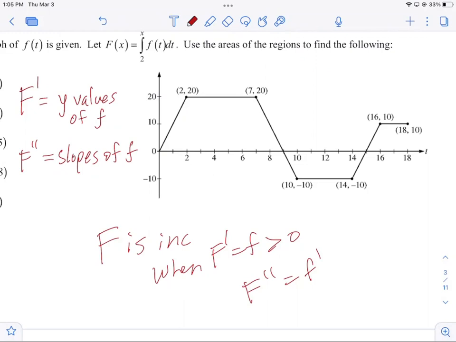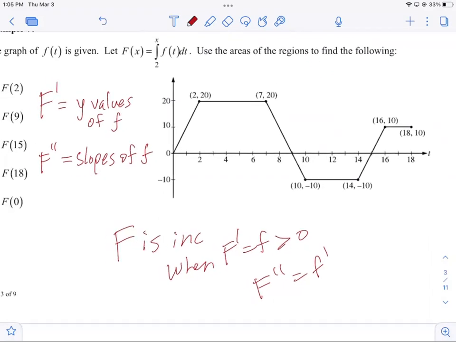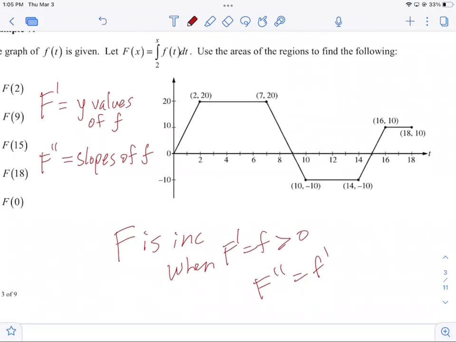So it's kind of like a throwback to concavity. Where is big F concave up? Big F would be concave up when the second derivative is positive. That's when the slopes of this graph are positive. Where are the slopes of this graph positive? From 0 to 2 and from 14 to 16. Where is big F increasing?